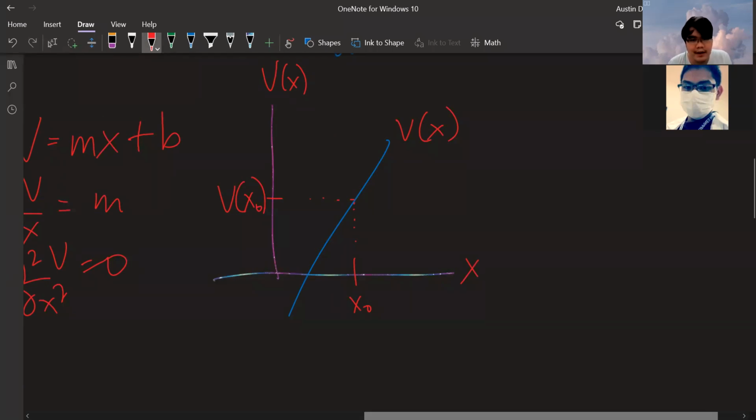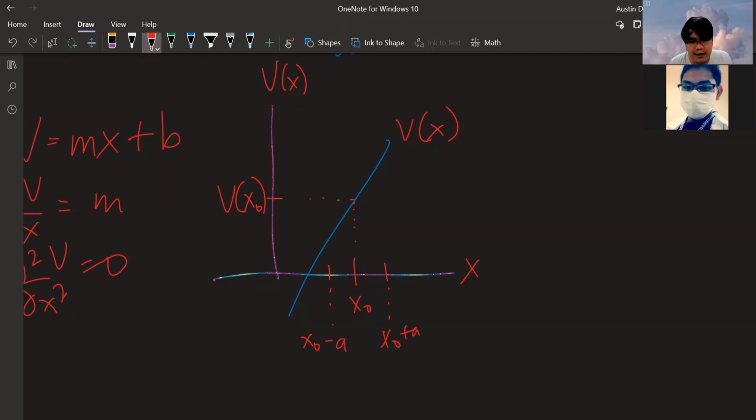we take a space at this point and at this point. So, this is x naught plus a, and this is x naught minus a. Okay.